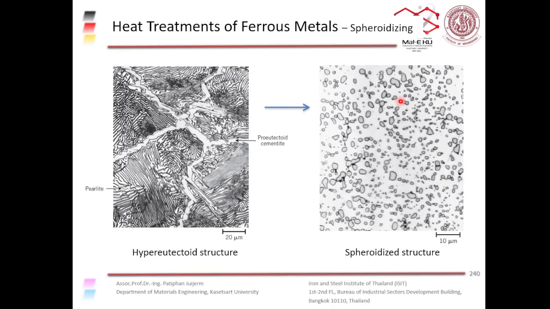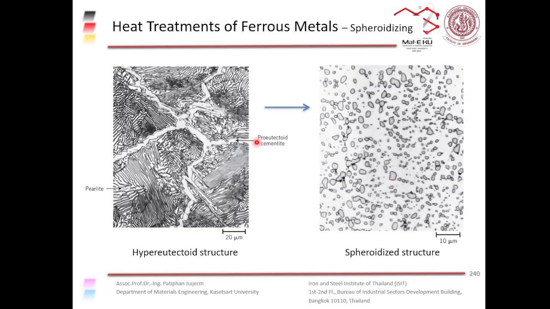So basically, what you're doing is changing the cementite from lamellar, sheet or plate shape into spheroid. You make it into a spherical shape. You take all these black lines, black plates here, and you change all those black plates into this spheroid globular structure.